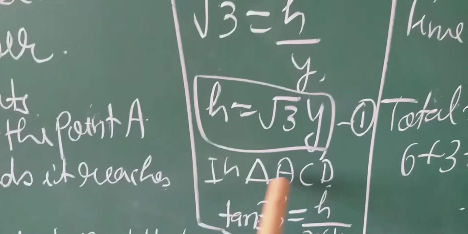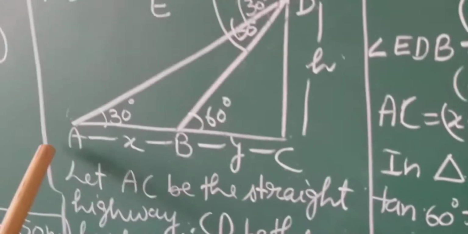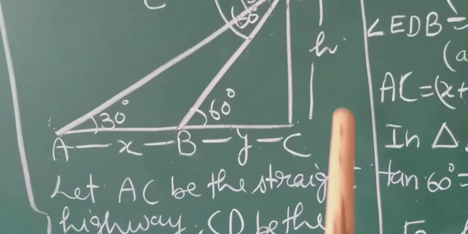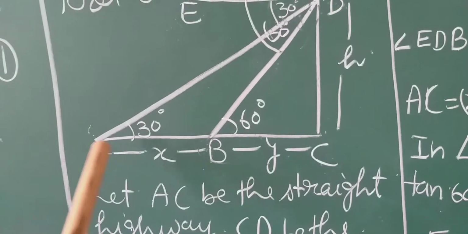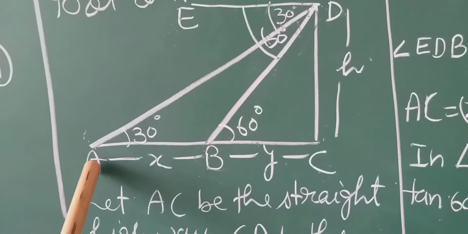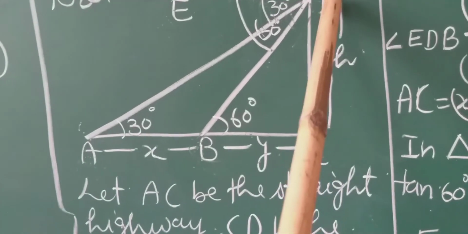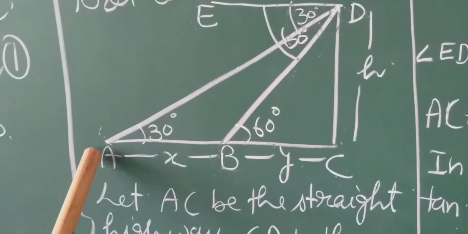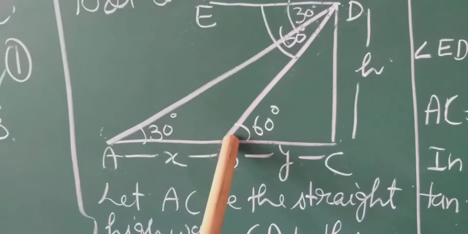Now in triangle ACD, remember students, we have to take a right angle triangle, so we take triangle ACD. Generally it is seen that students want to take triangle ABD.